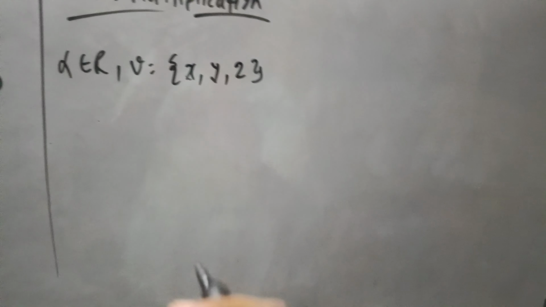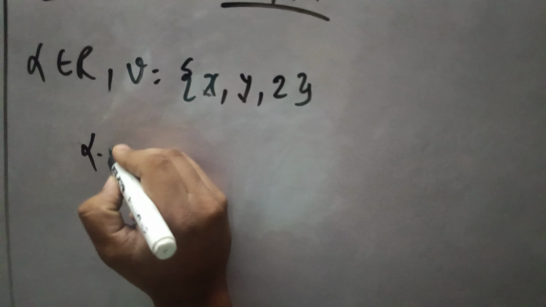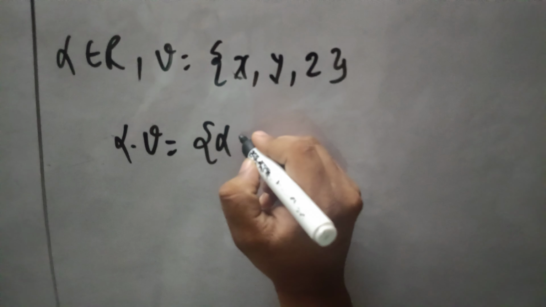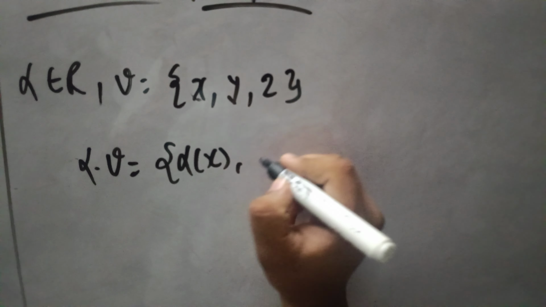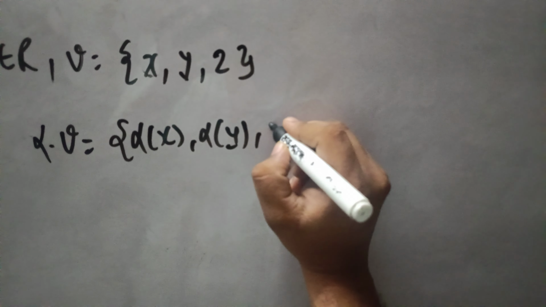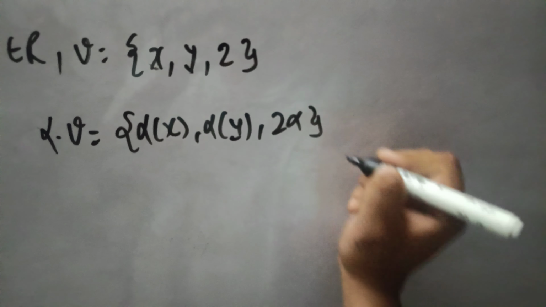Upon multiplying, what we will get is alpha times v is (alpha x, alpha y, 0 times alpha).